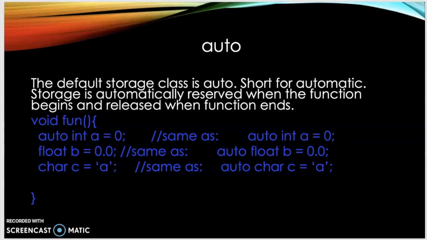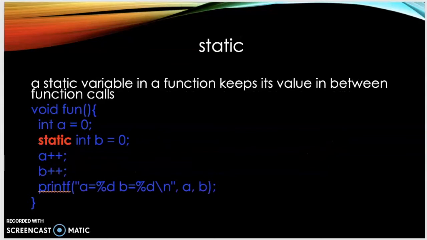Not so with static. If you have a static local variable, so this variable b, which is inside of a function, that variable is going to keep its value in between function calls. That memory allocated for a static variable will stick around in between calls to the function.